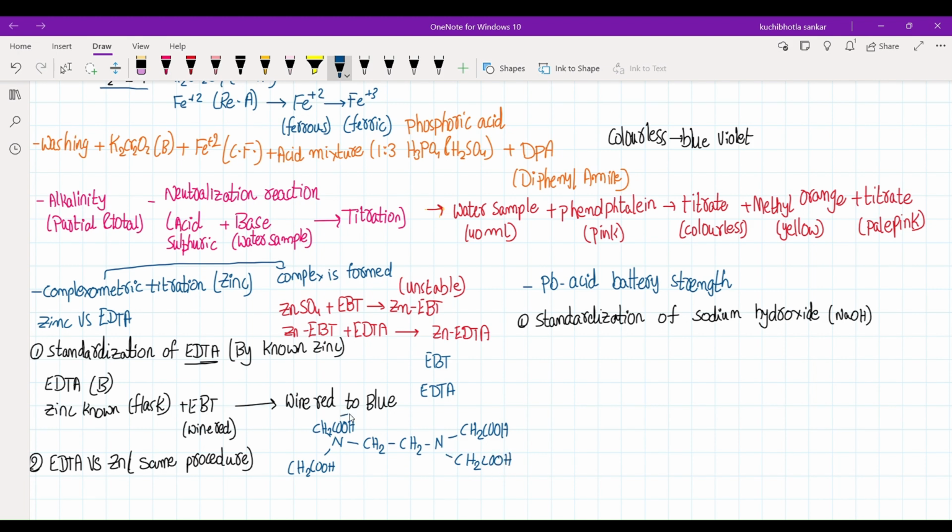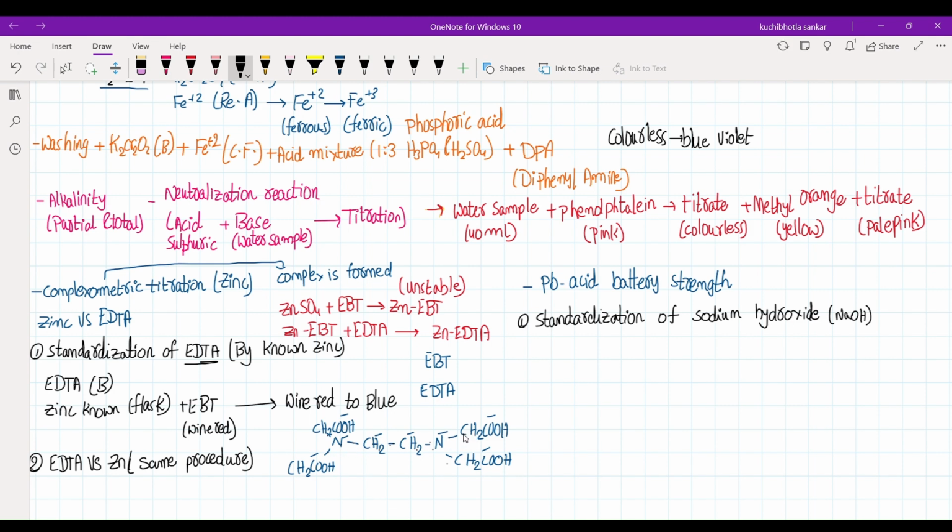CH2COOH. Tetraacetic acid, there are 4 acetic acids here, and diamine, okay, and there are 2 amines here, and here ethylene. If you check the valency of these things, 2, 3, 4, 2, 3, 4, okay, and 1, 2, 3 for nitrogen, it's alright.